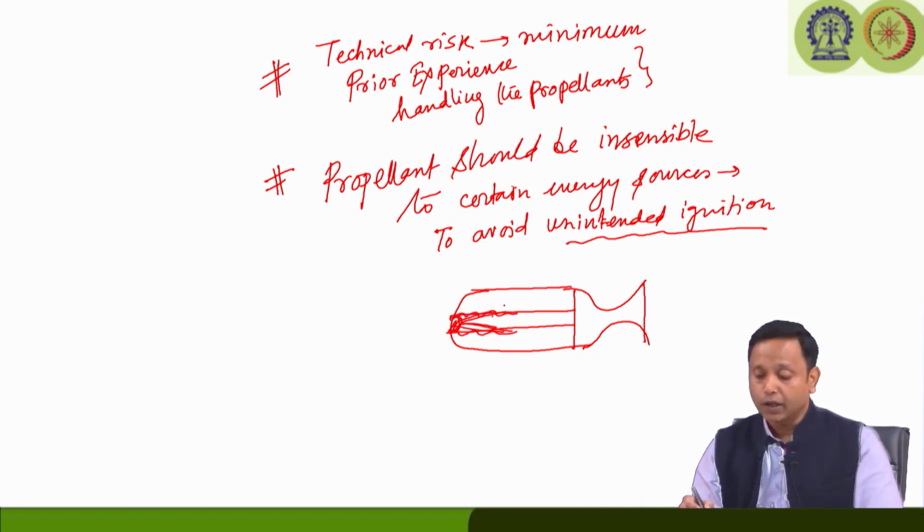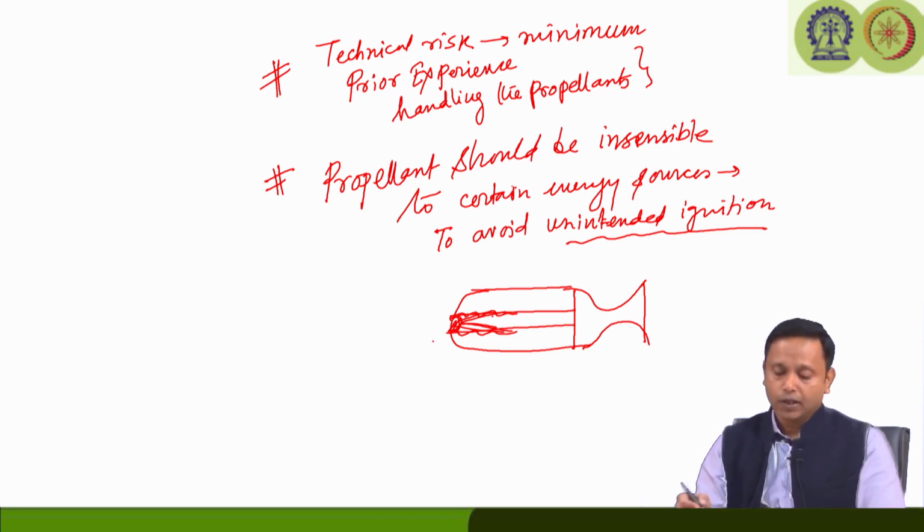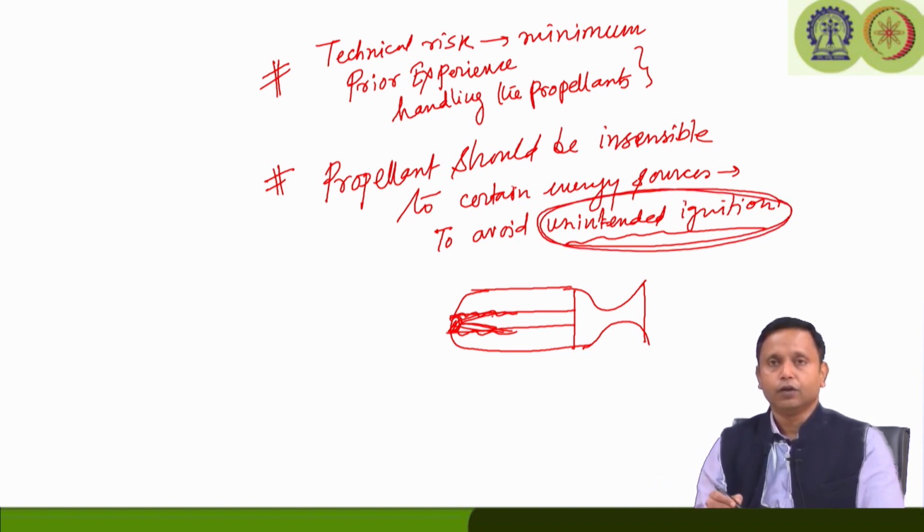But if there are other energy sources like heat, or even dropping of the propellant, or stray currents, or bullet penetration, or vibration, or electrostatic discharge, which may be caused due to friction of insulating materials, that should not lead to any kind of unintended ignition, that must be avoided. So, the propellant should be insensitive enough to avoid the unintended ignition. So, that is another important quality.